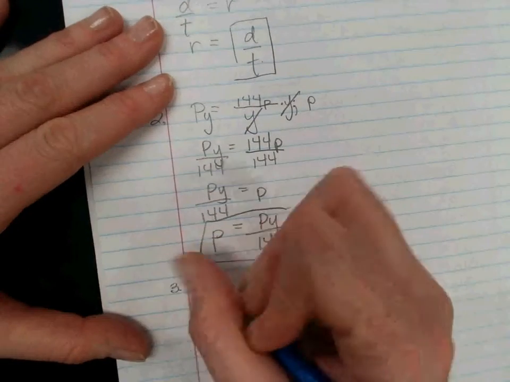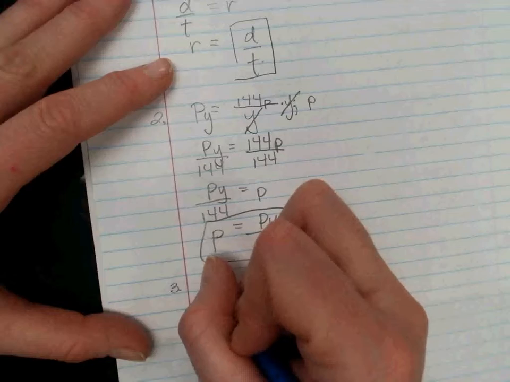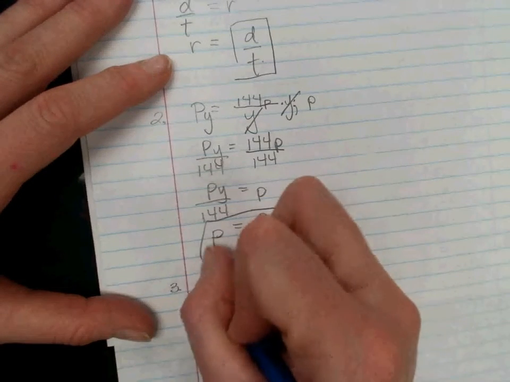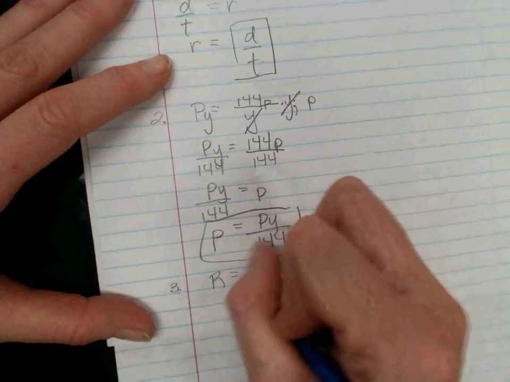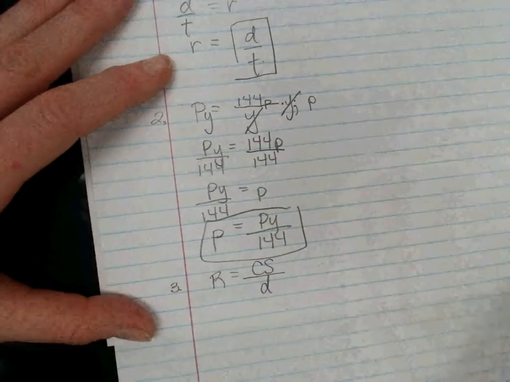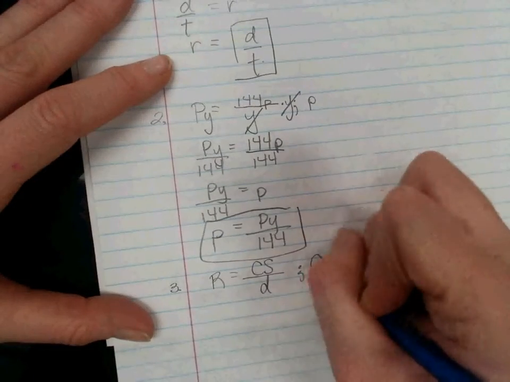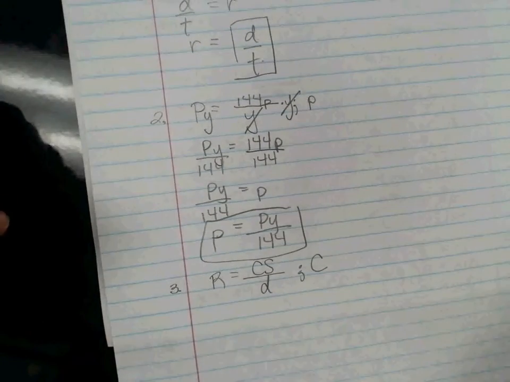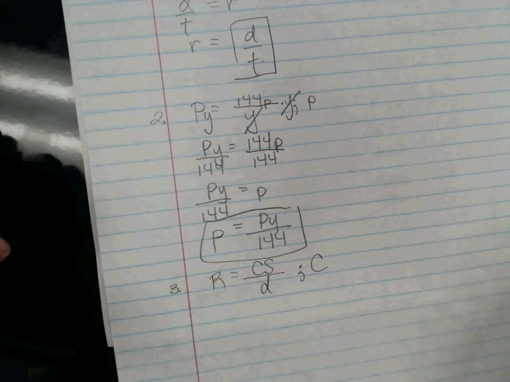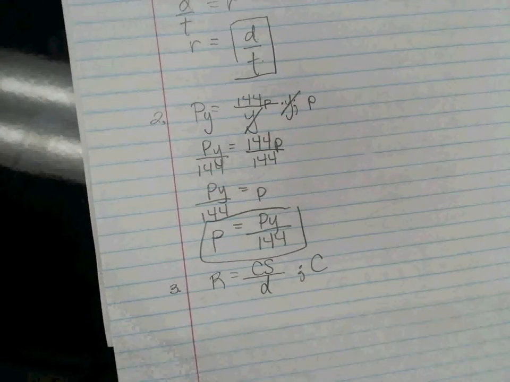Question number 3, solve for C. So this time we're solving for capital C. Capital R equals CS over D. Go ahead and try this one out. It's a very similar process to what we did in the last problem.